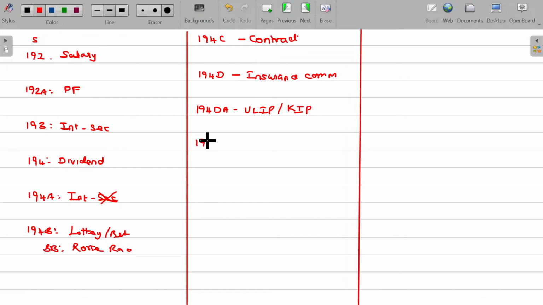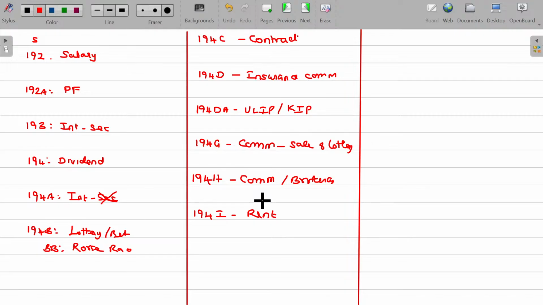194G is all about commission on sale of lottery tickets. 194H is commission and brokerage not falling under the above category. 194I is all about TDS for payment of rent. 194IA is the payment for transfer of immovable property.